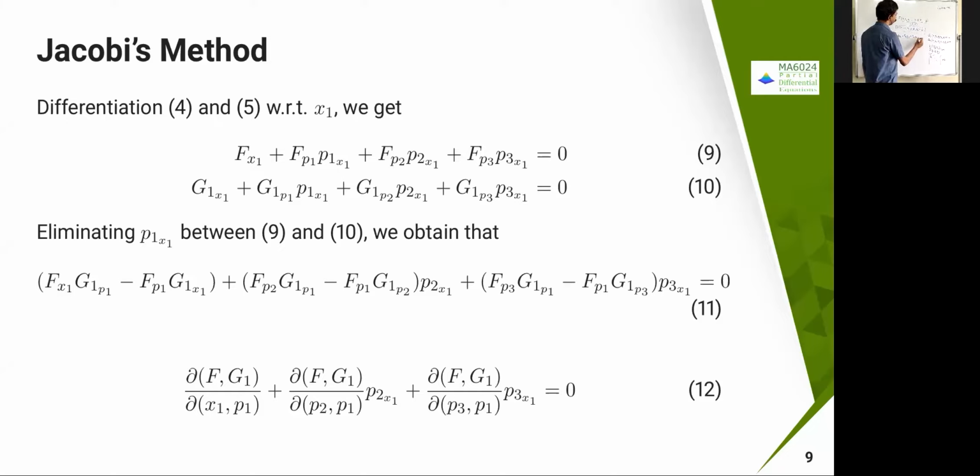Here p3 x1 means I am just differentiating with respect to x1, so this is dou p2 by dou x1, dou p3 by dou x1, the same way. So this is the one which I got.